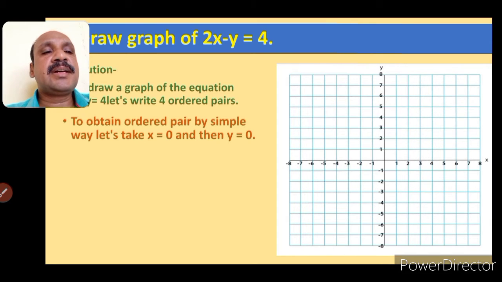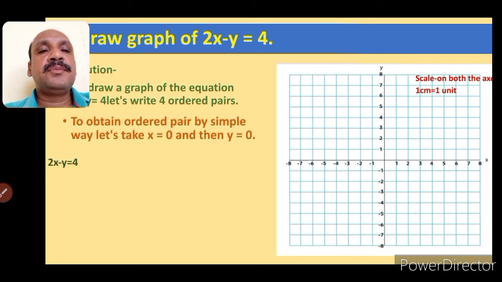Here this is a Cartesian coordinate system, with x axis and y axis. There are 4 quadrants present. Here we take the scale on both the axes as 1 centimeter is equal to 1 unit. Now we'll find the ordered pairs.